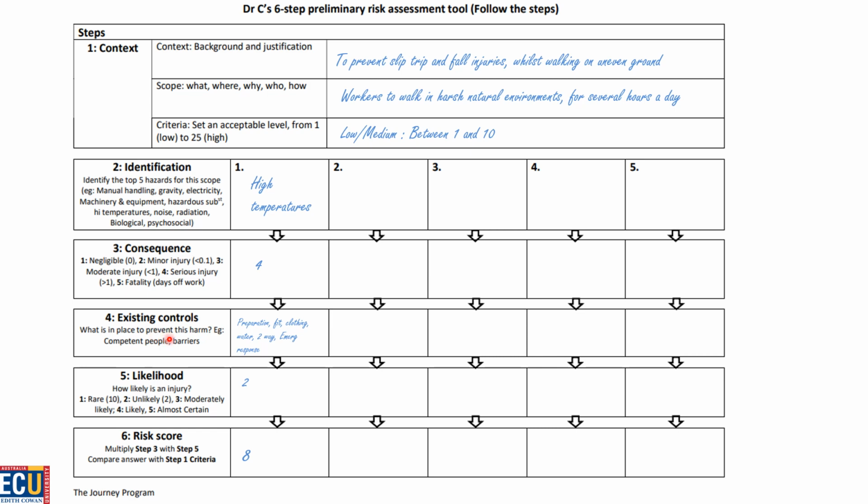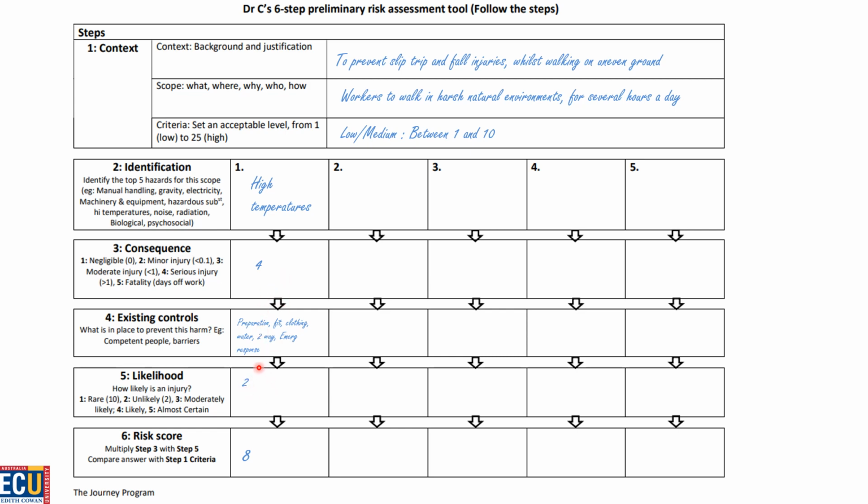There are some controls, so we've put down in here preparation, the individual is fit, clothing, water, two-way radio, and an emergency response. So it sounds like there's quite a lot going on here already to manage the risk of high temperatures causing a serious injury.